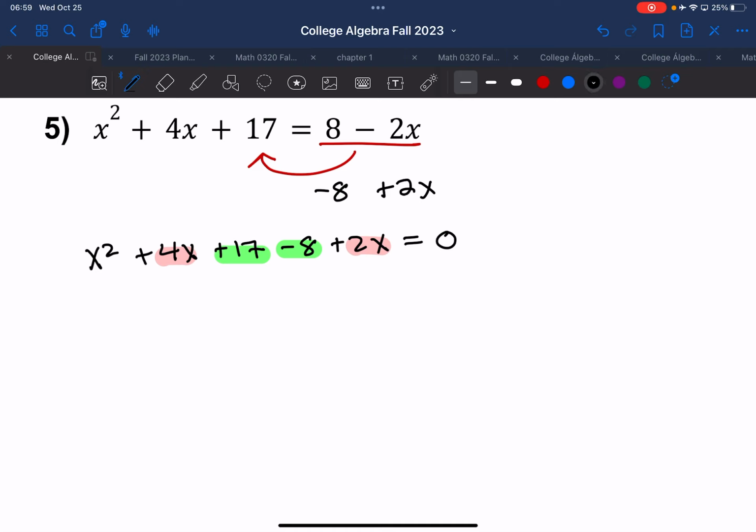So combining those like terms, I get x squared plus 6x plus 9 equals 0. Now I can label my a, b, and c value and start plugging it into the quadratic formula.